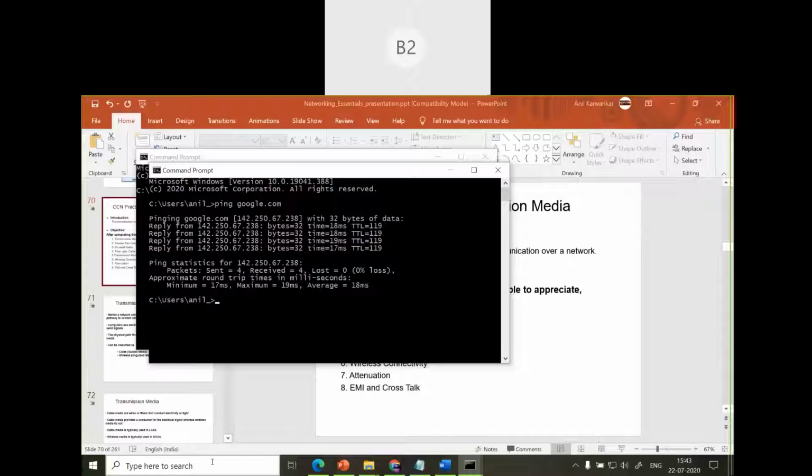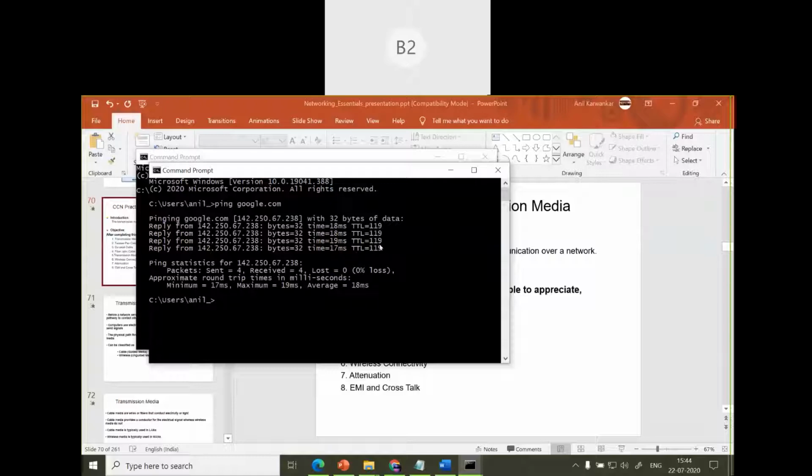In pinging google.com, this google.com is resolved into a specific address which is known as an IP address. This IP address is 142.250.67.238. A loopback command is used for checking whether your terminal is able to access the internet or not.